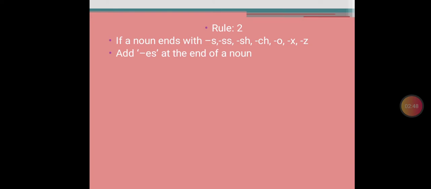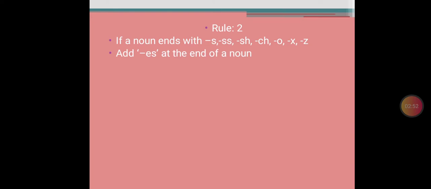Second rule. If any noun ends with s, double s, sh, ch, o, x or z, then you have to add only es.